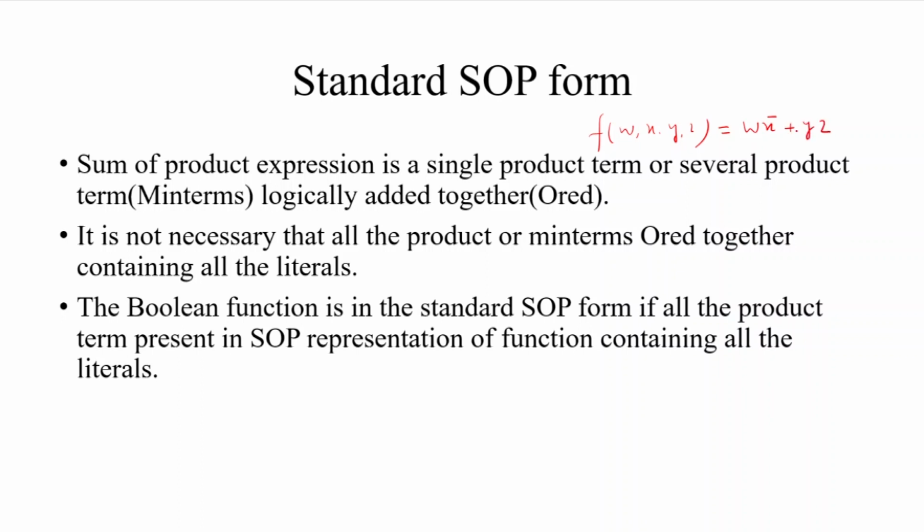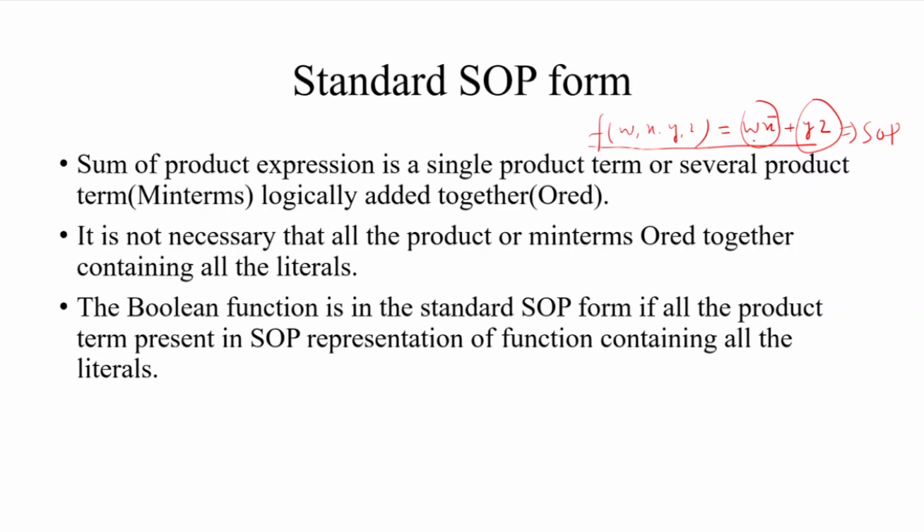This function is in SOP form, but it is not in standard SOP form, because there are two ANDed terms, and the min terms present in this function do not contain all the literals. Literals means the variable is present either in its original form or its primed form.